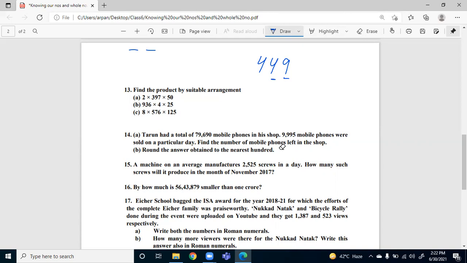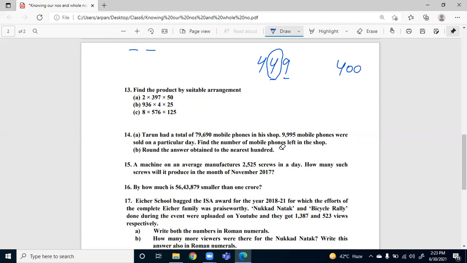So what is the way? It will be explicitly written in the question that you have to round it off to the nearest 100. So like 449, if I want to round it off to the nearest 100, I have to look at the tens place. It is less than 5, so I have to discard it.